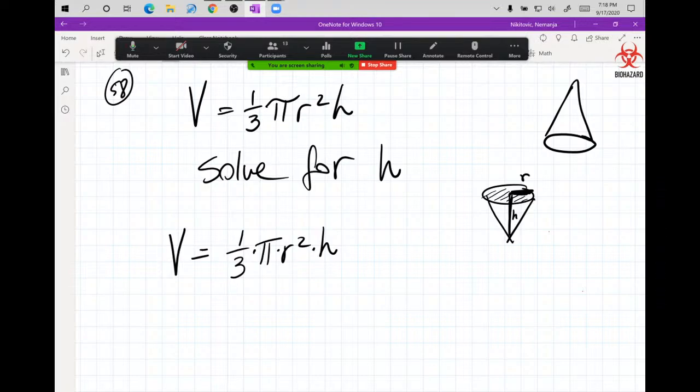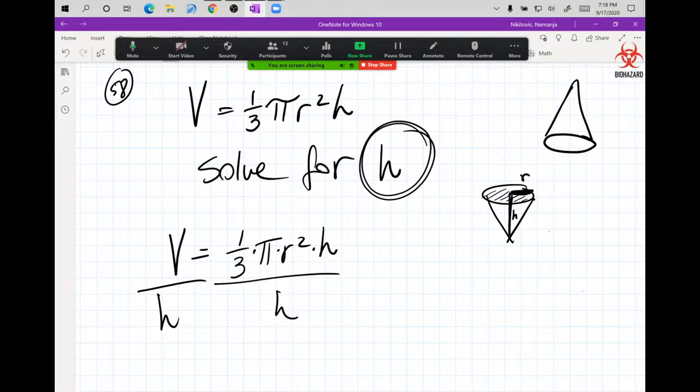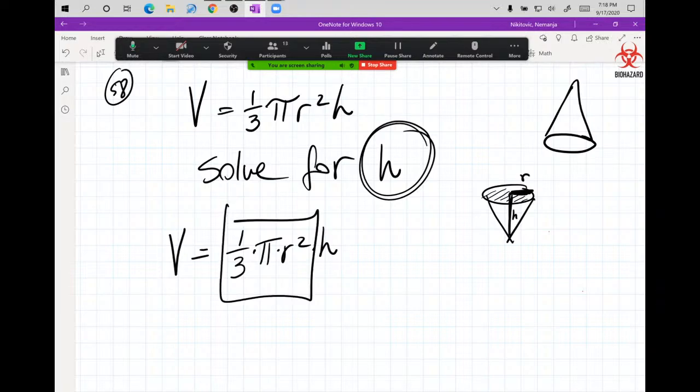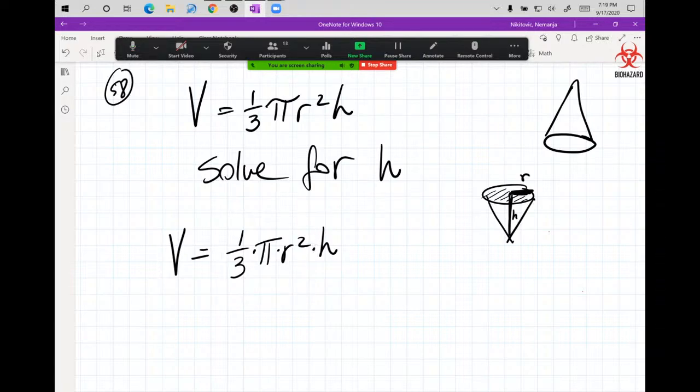Okay, we can divide by, oh wait, you are solving for h. h needs to be alone. If you divide by h, then you're going to get v over h, and then it's going to be a mess. h needs to stay alone, so we need to get rid of the rest. How do we get rid of it?